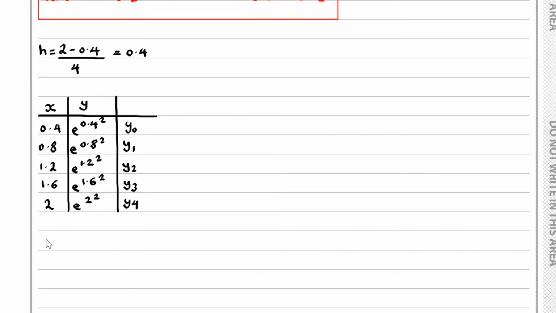So the integral from 0.4 to 2 of e to the power of x squared with respect to x is approximately equal to h over 3.